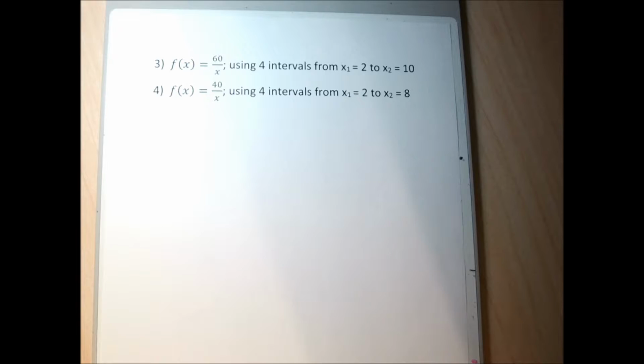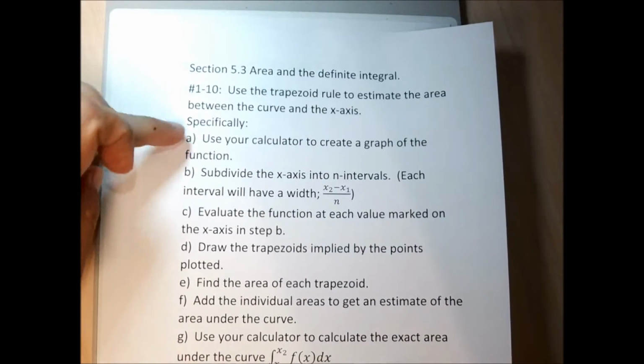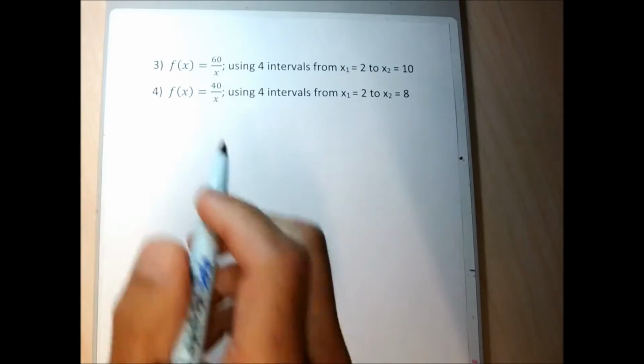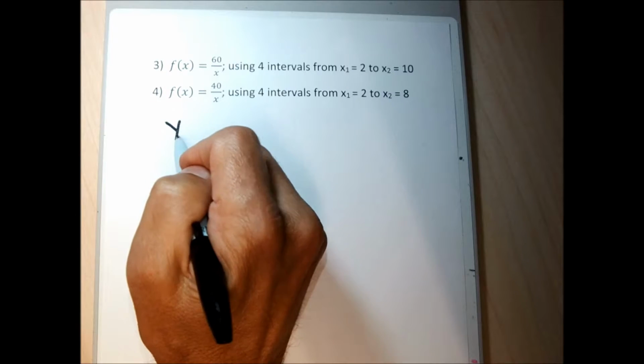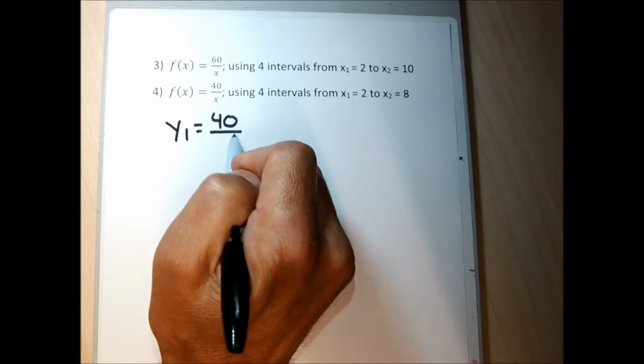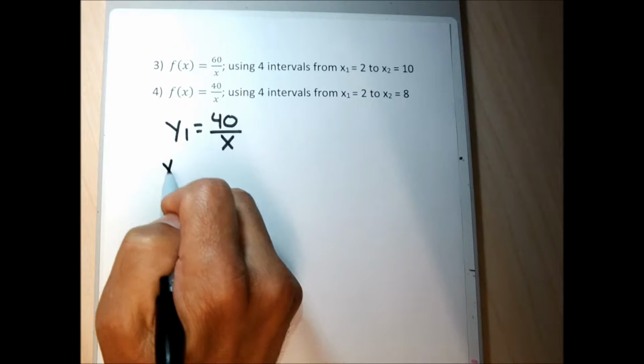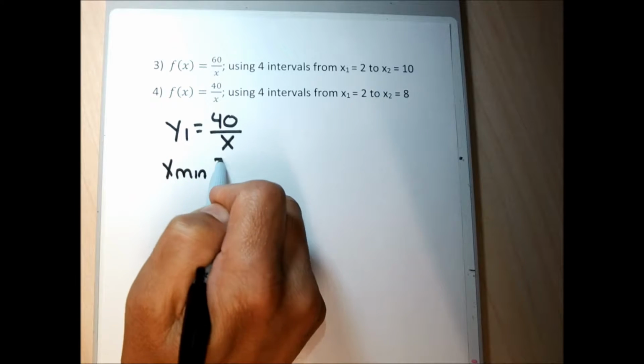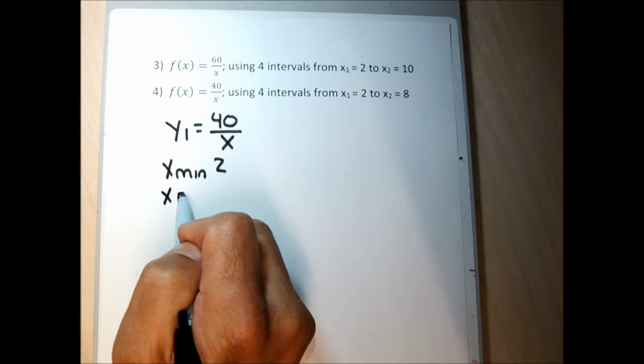steps. So step A, I'm going to graph the function. Very specifically, I'm using the same function. I'm going to go y1 equals 40 over x. I'm going to do x min is 2, x max is 8.